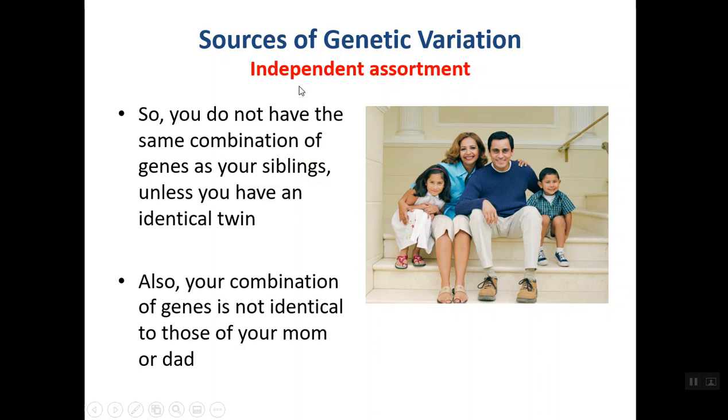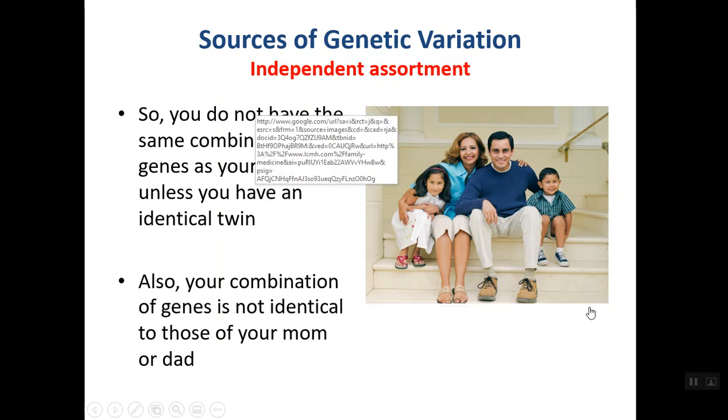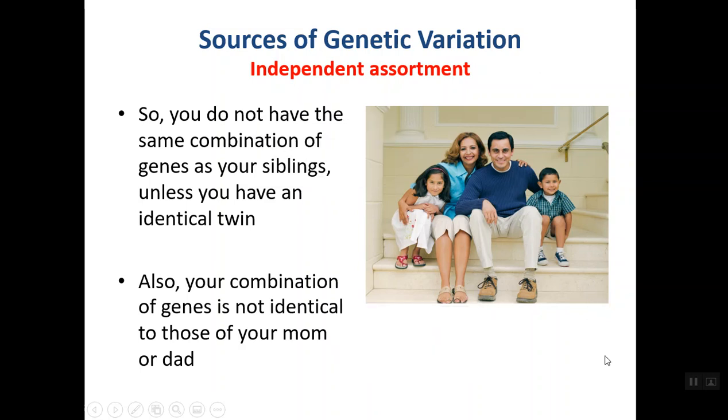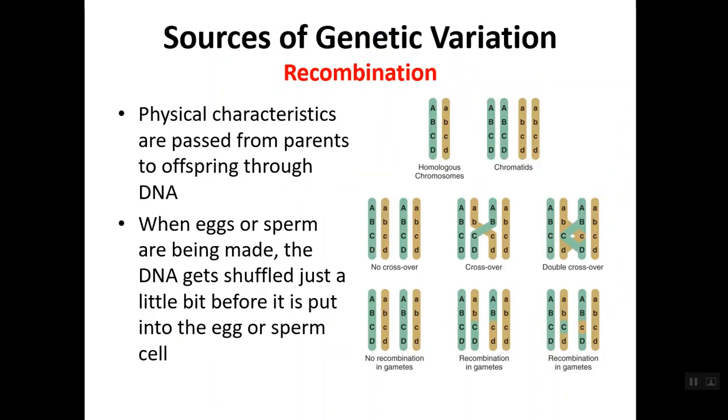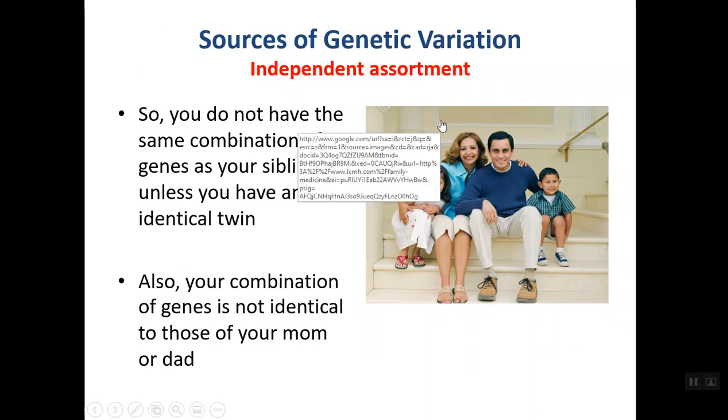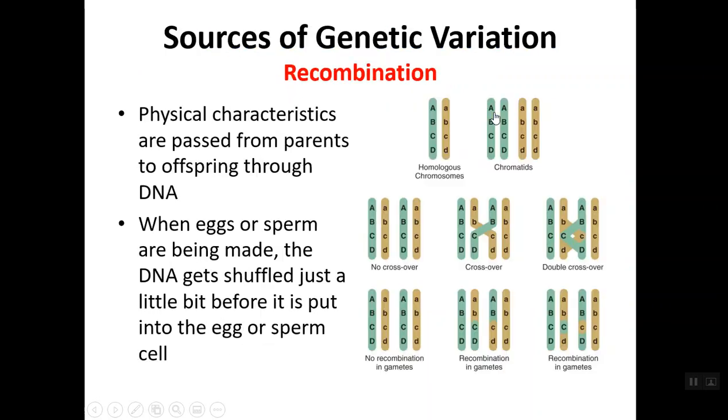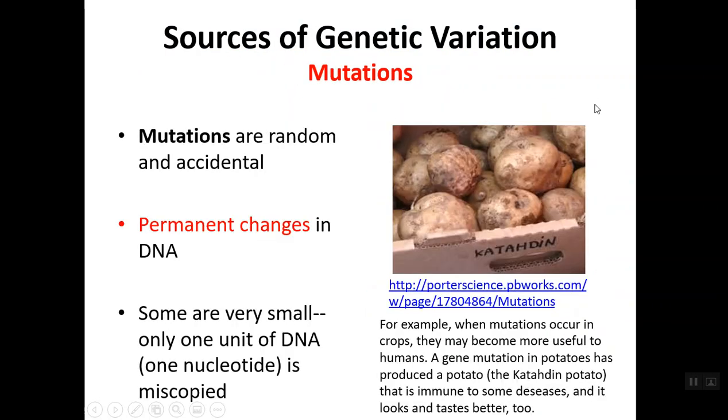All the combination of chromosomes has already happened in an individual. So identical twins have the same exact set of chromosomes, and they have also undergone the same exact event of crossing over. All right, so recombination. Remember, first independent assortment, secondly recombination, and thirdly mutation.